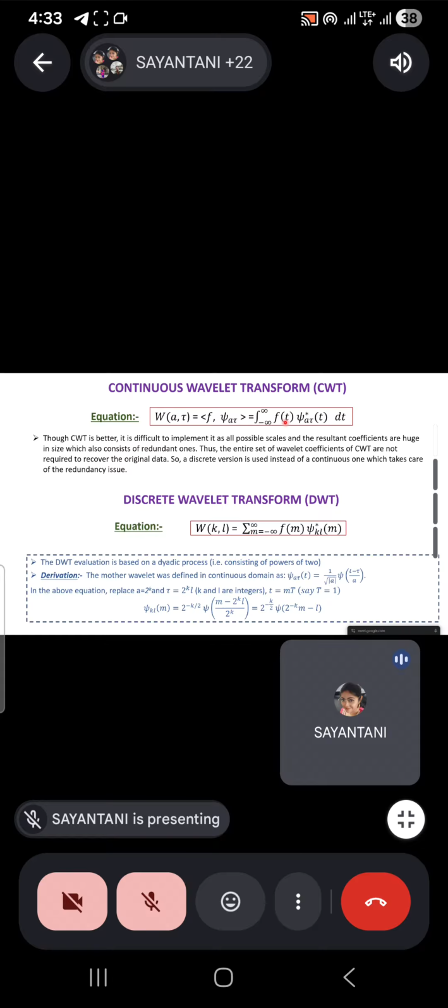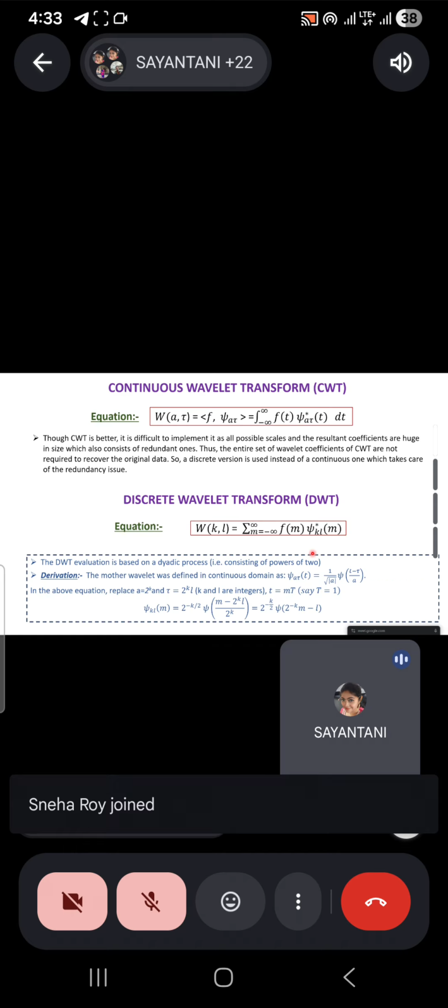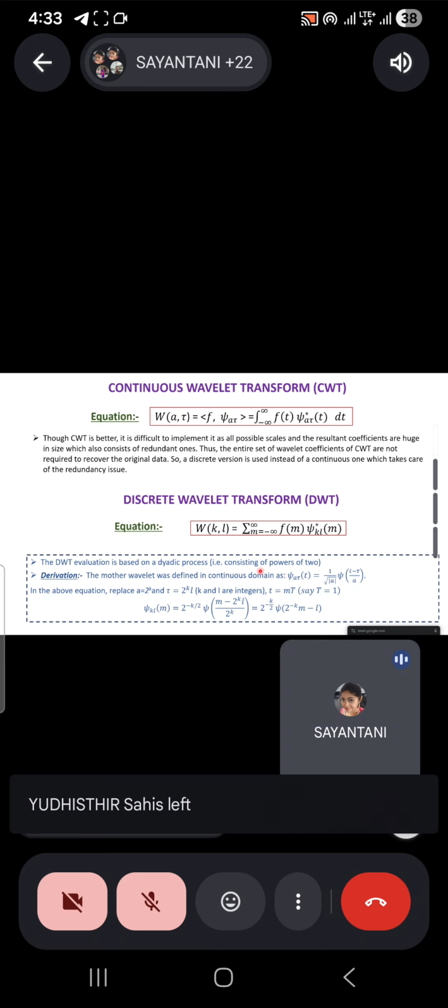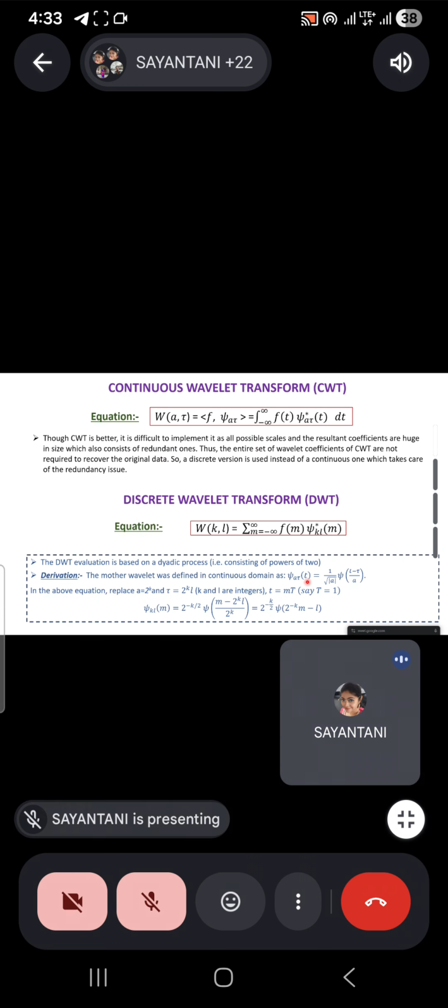Basically, this is the same equation; you can just discretize it. You are converting the integration into the summation operator, and here you are using the mother wavelet as before. I have provided a short derivation. This was initially your time domain based mother wavelet. You replace a with 2 to the power of k and tau with 2 to the power of k times l, where k and l are integers.